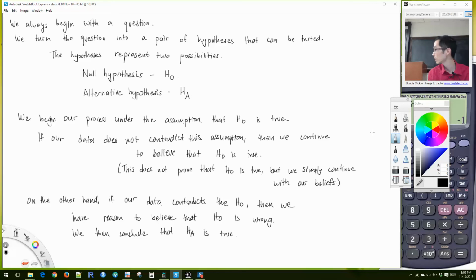So we'll try out an example, and I'll try to explain every step of the way. And I hope this will make some sense as far as hypothesis testing goes. All right, can I flip to the next slide?